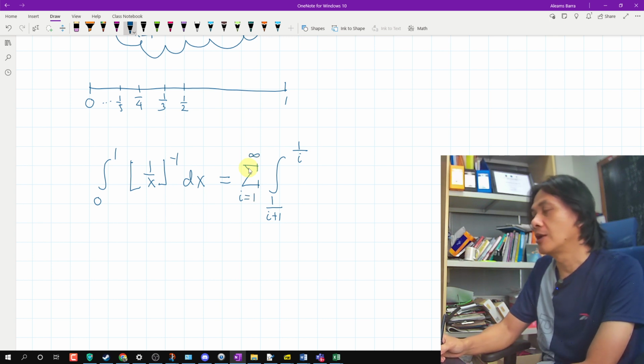Because, for example, when i is equal to 1, we have the interval 1/2 up to 1. When i is equal to 2, we have the interval from 1/3 to 1/2, and so on.